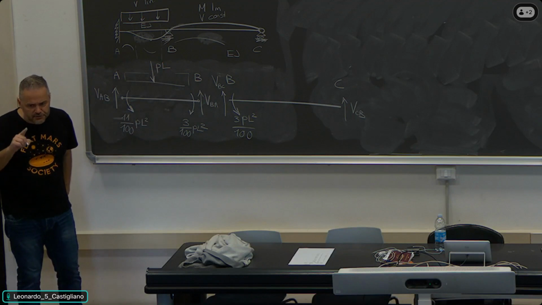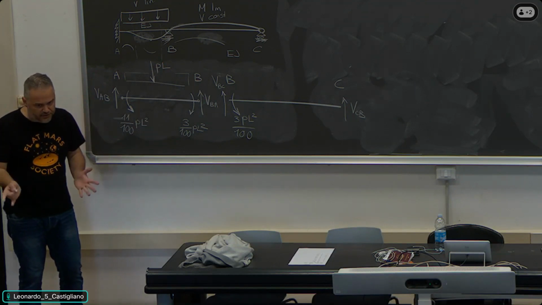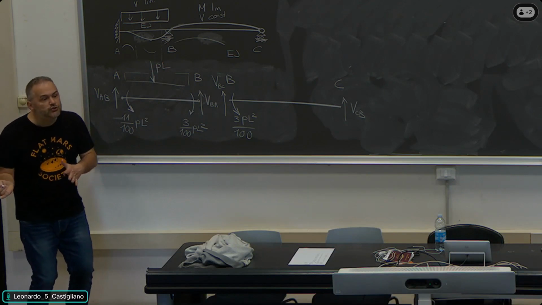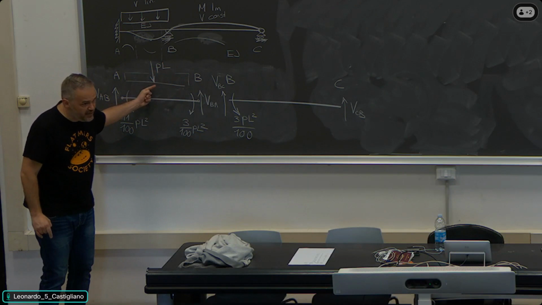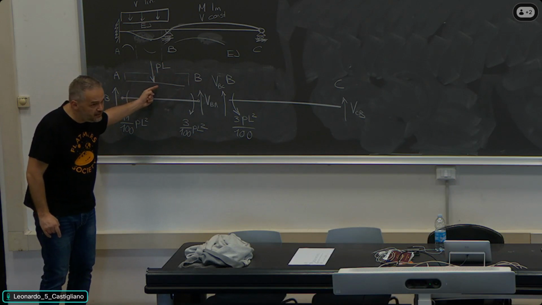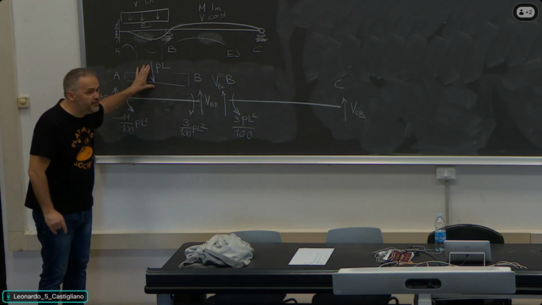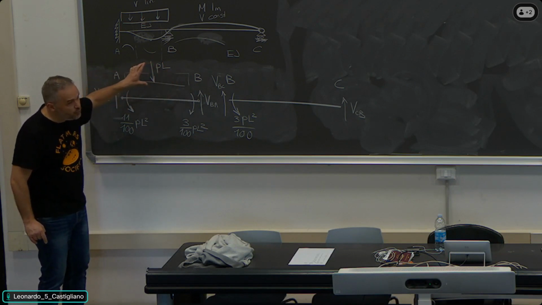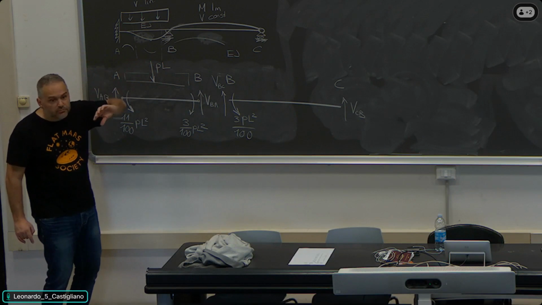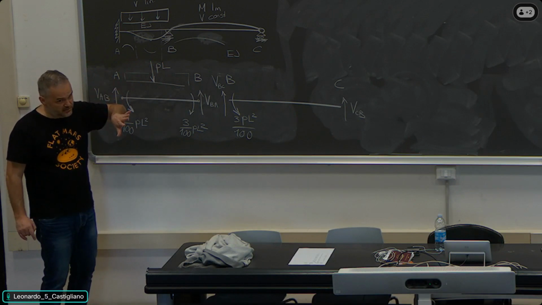Only for the purpose of external equilibrium. Then when you go into internal forces, it has to become a distributed load again, okay? Got it? Because you know the distribution of the bending moment is different if you have a distributed load or a concentrated load. Whereas global equilibrium does not change, okay?